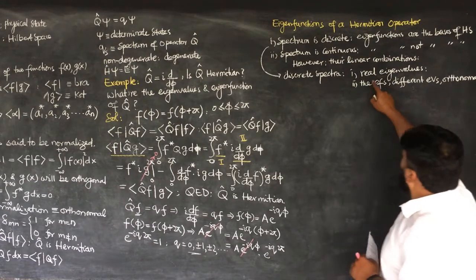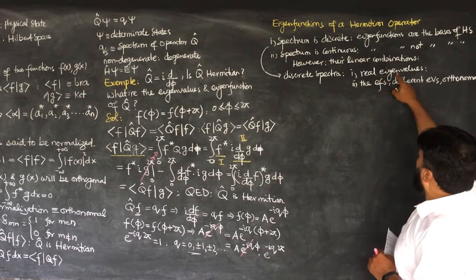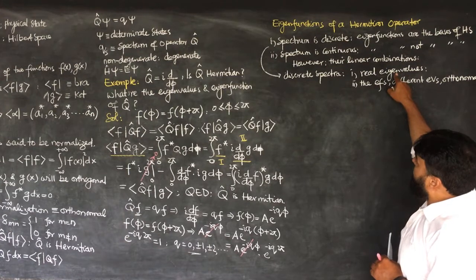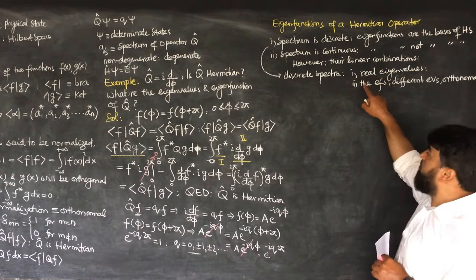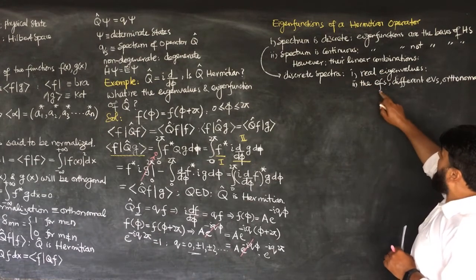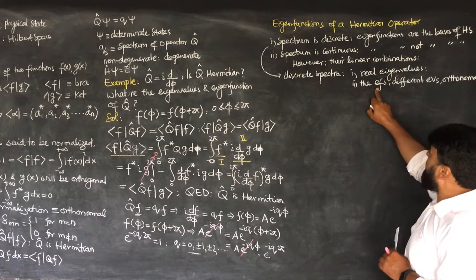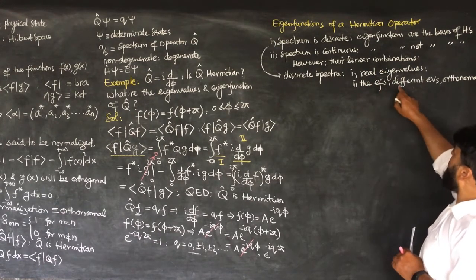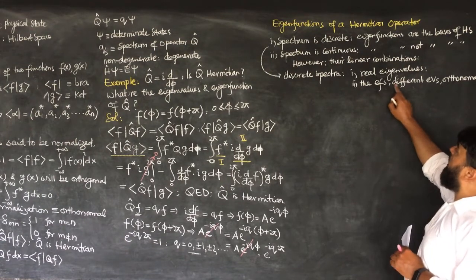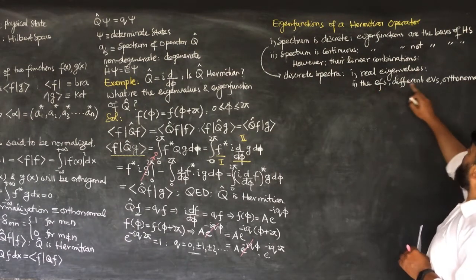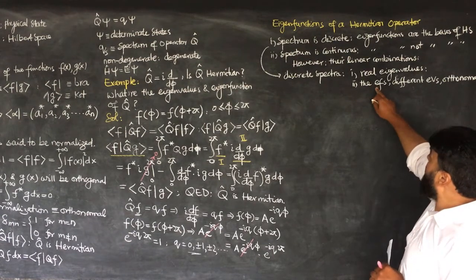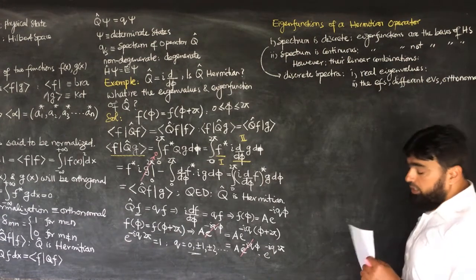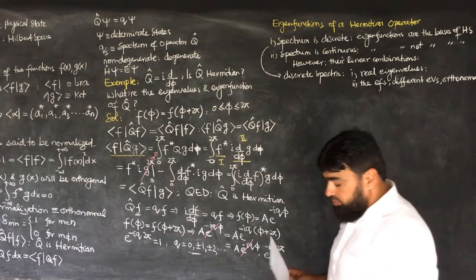Means when we have discrete spectra, the eigenvalues will be real, as well as all the eigenfunctions corresponding to different eigenvalues will be orthonormal, meaning they will be orthogonal to each other and they will be normalized.